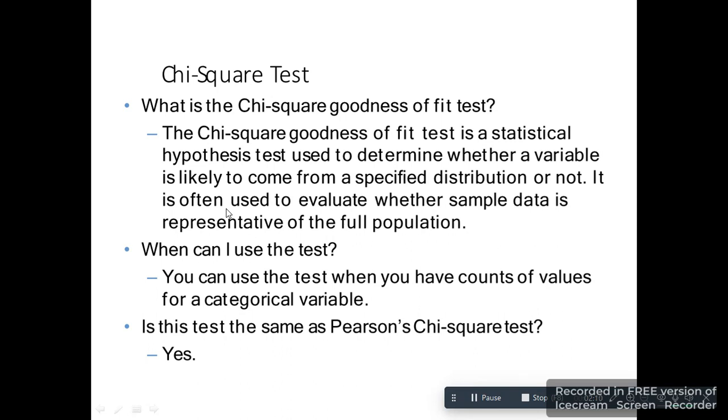Okay, so to calculate the chi-square we will take the square of the difference between the observed value, that is O, and the expected value, that is E. Further, we will divide it by the expected value. Depending on the number of categories of the data, we will end up with two or more values.